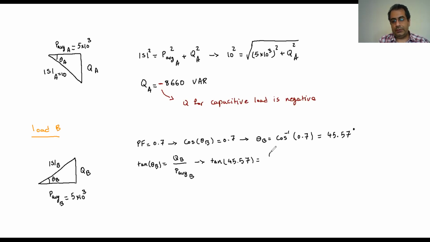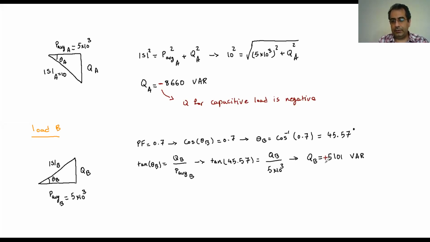We don't know how much it is, divided by 5 times 10 to the 3. And then if I do this calculation, the QB comes out as 5101 var. And because it's inductive, we keep the sign positive here.